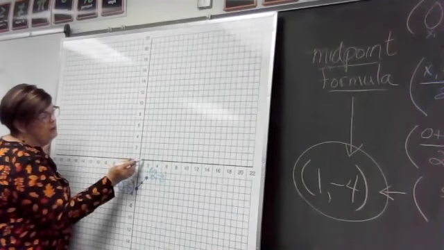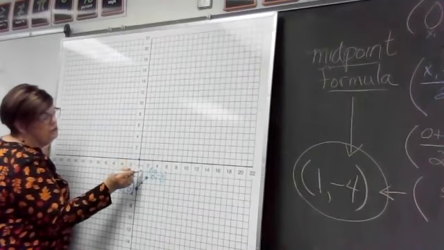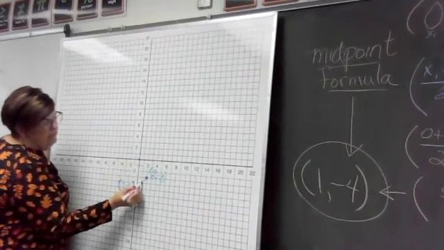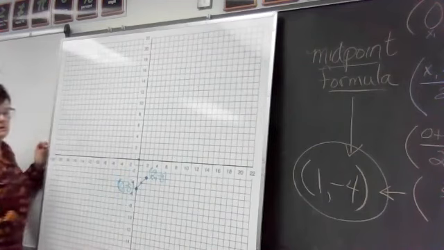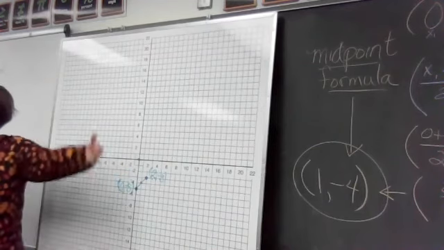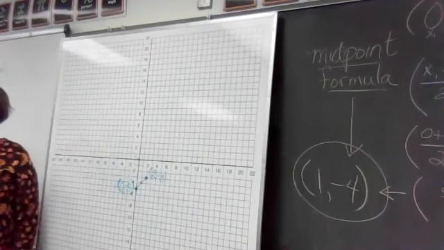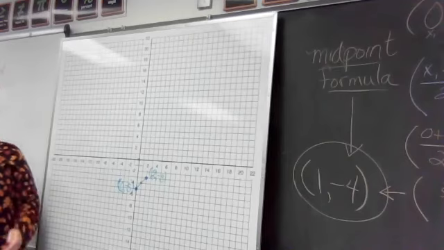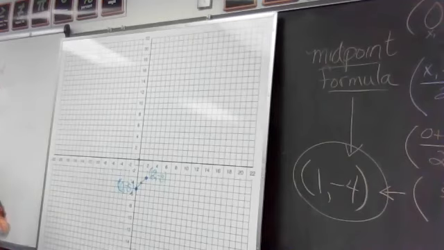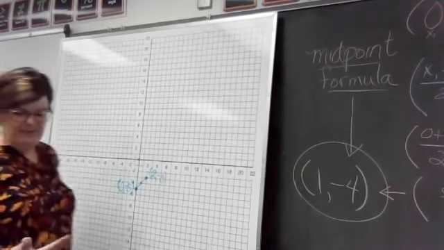I go 1 and then -4. 1, 2, 3, 4. Right where we thought it was. Looky there. Midpoint. What do you think? Pretty simple. Are you ready to practice?